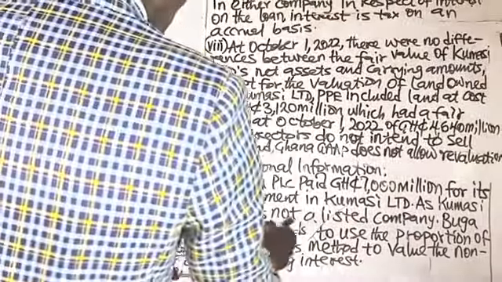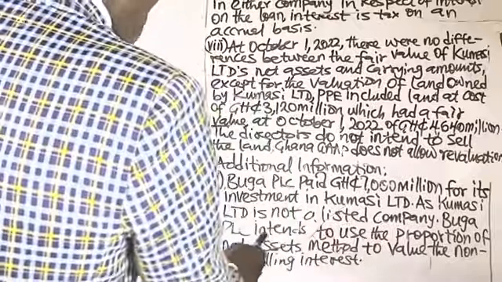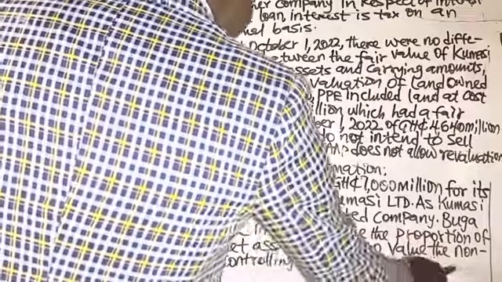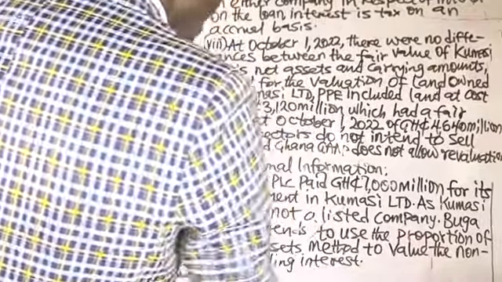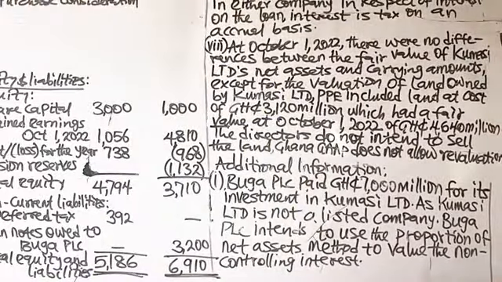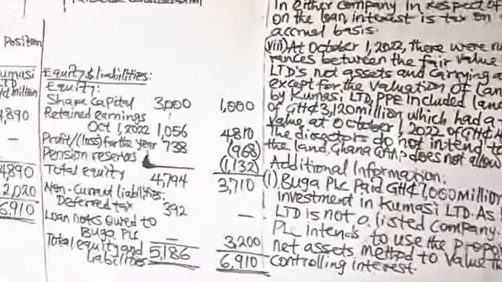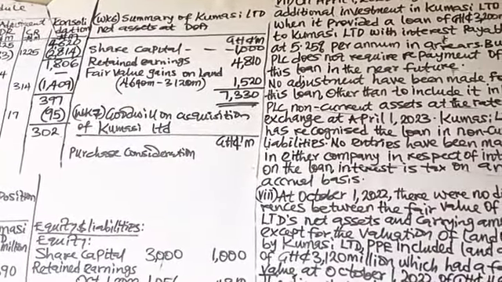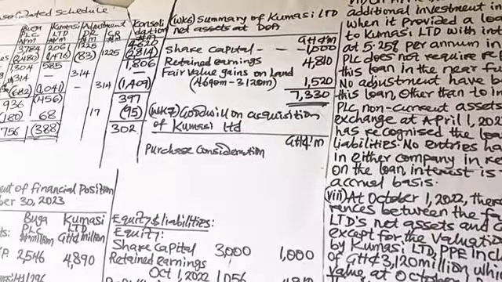As Kumasi Limited is not a listed company, Buga PLC intends to use the proportion of net asset method to value the non-controlling interest. Now, remember the NCI is valued on acquisition at the proportionate share of the subsidiary net asset.